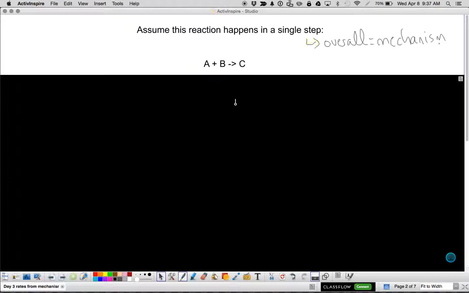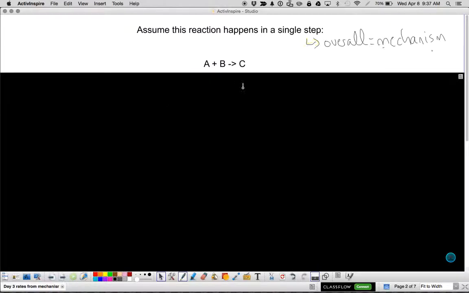Okay, you got to be a little careful about how things are talked about in this section. A reaction that happens in a single step means that the overall is equal to the mechanism. But everything that I'm talking about today really holds true for single steps in a mechanism. Okay?